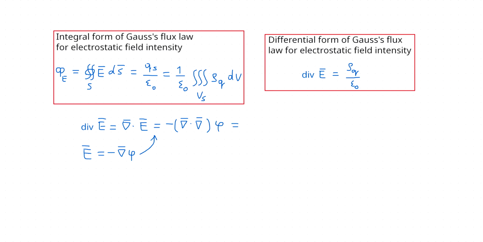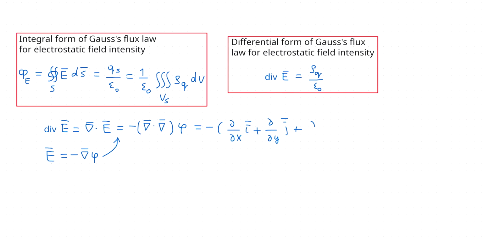Let's write this in extended form. It will be minus d/dx i plus d/dy j plus d/dz k, and another del operator will be the same bracket again, and phi.